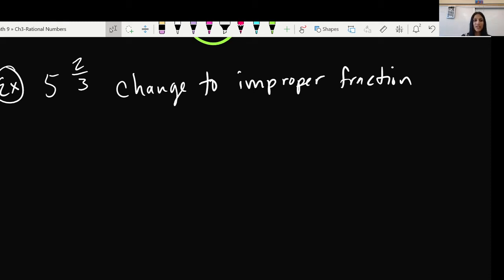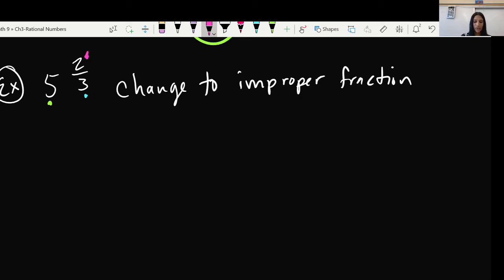If we have a mixed fraction or a mixed number like 5 and 2/3, here's how we go through this. I'm going to color code these, so I'm going to use that for that, that for that, and that for that. The reason I use the colors is for organization so that it makes it easier for you to follow along and understand.